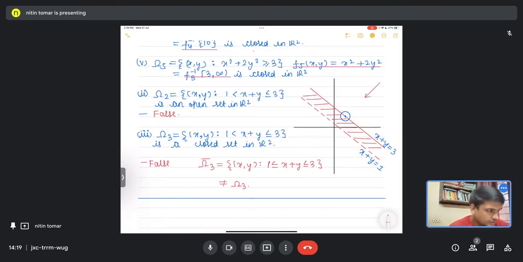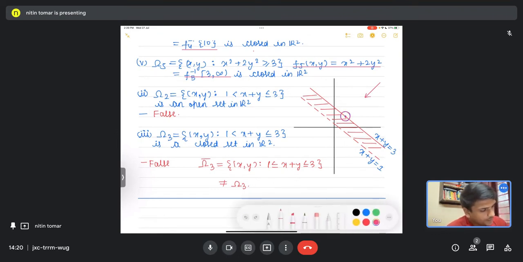If you choose any point from the boundary, then a set is open if and only if you can push a neighborhood around any point in the set, and that open neighborhood should be contained in the set itself.